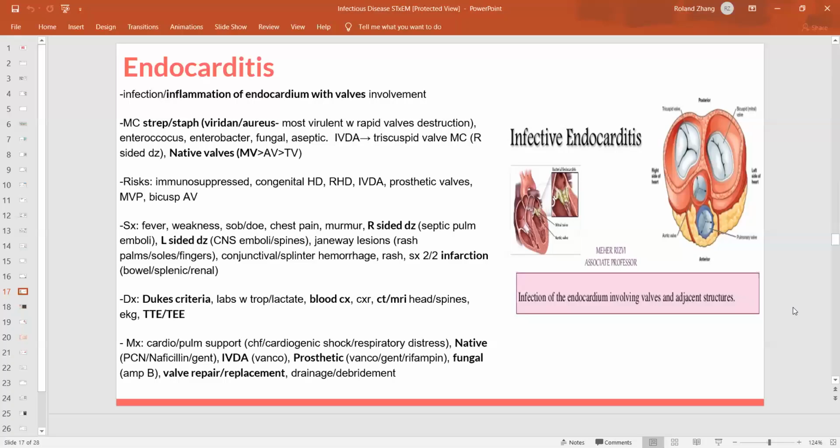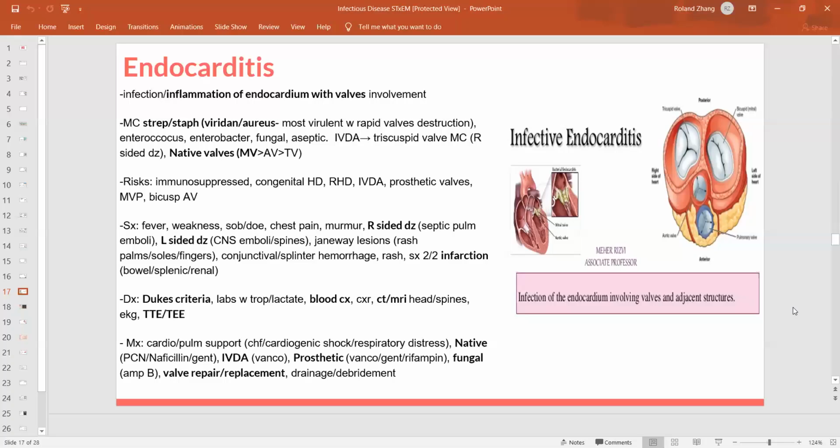But definitely in all these patients, get blood culture and echocardiogram plus or minus imaging of their spine. If you do a transthoracic echo and you don't see it, I would recommend doing a transesophageal echo to see the extent of the valve involvement if the suspicion is high.